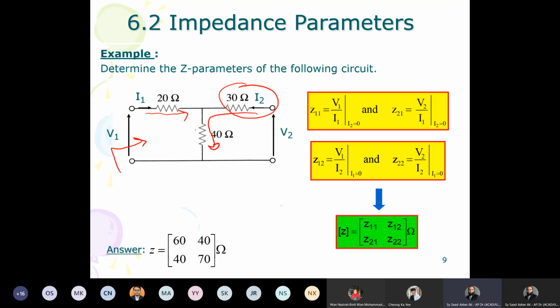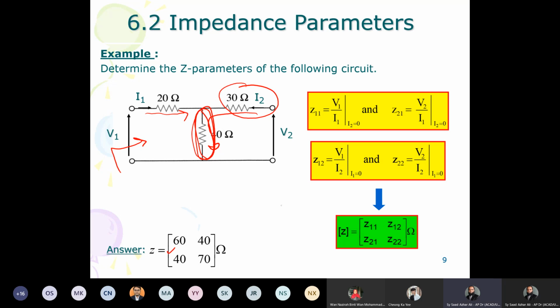This current is still there, although there's no current anyway. We see only 40, right? That's why this is 40. Is that clear? Yes, sir. Everyone?